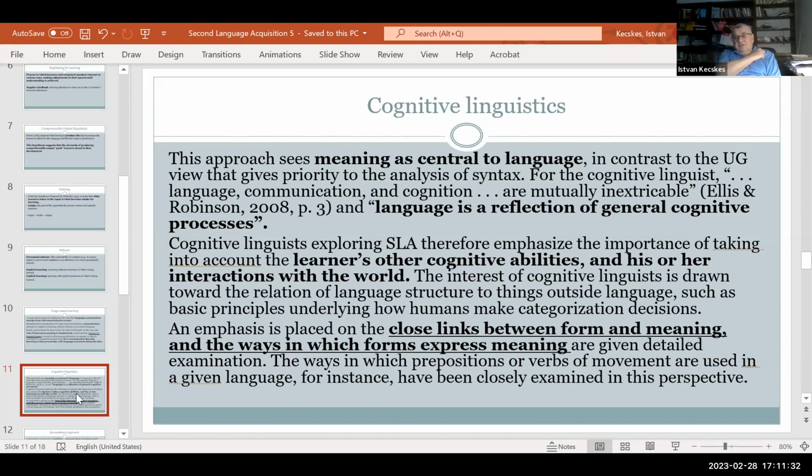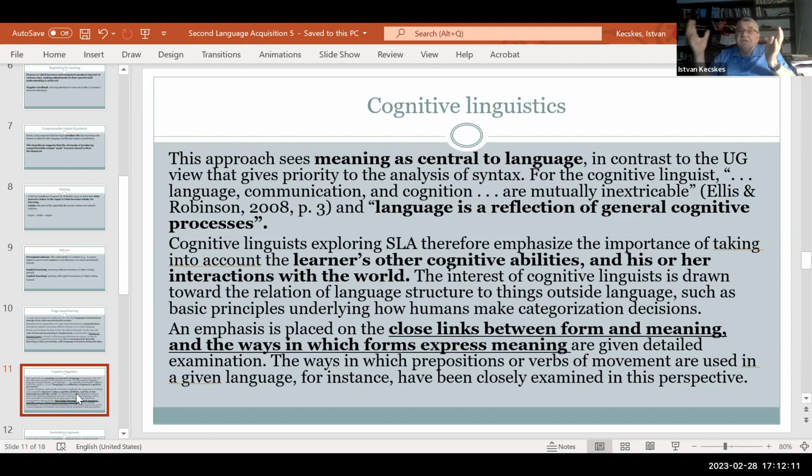I already mentioned at the beginning that the information processing, or the so-called cognitive approach, is connected with cognitive linguistics that emerged in the 90s in the United States, and it is still very popular. I just want to repeat that the difference between generativists and cognitivists is that cognitivists say that it doesn't make sense to separate language from the other cognitive phenomena and other cognitive activities.